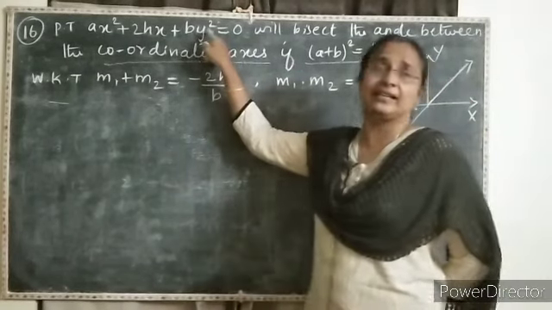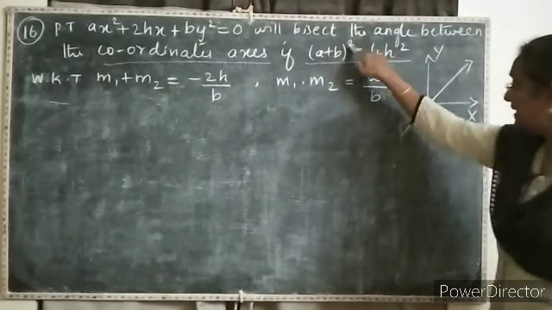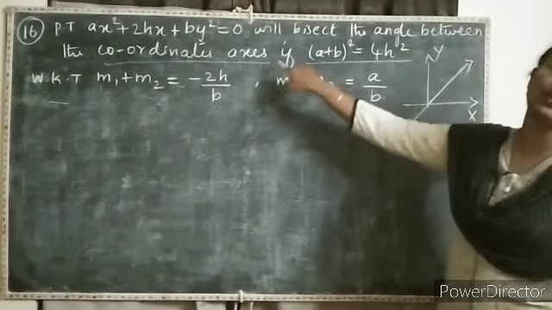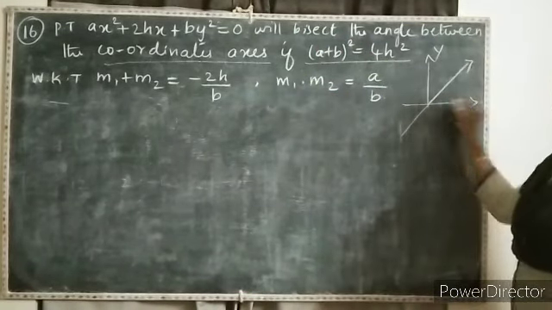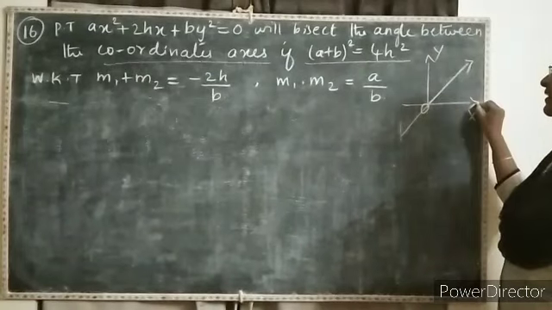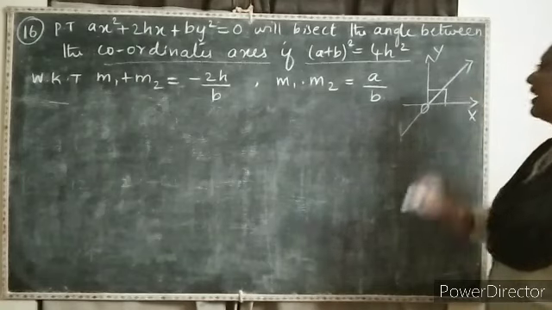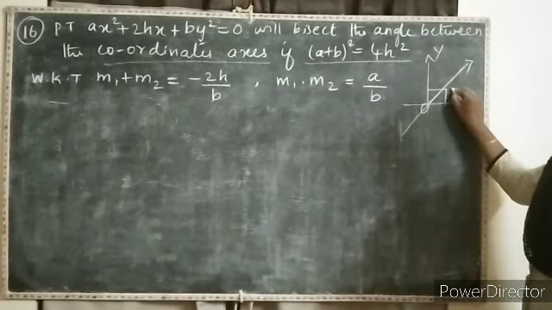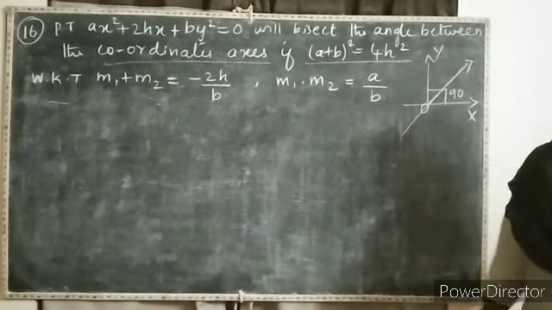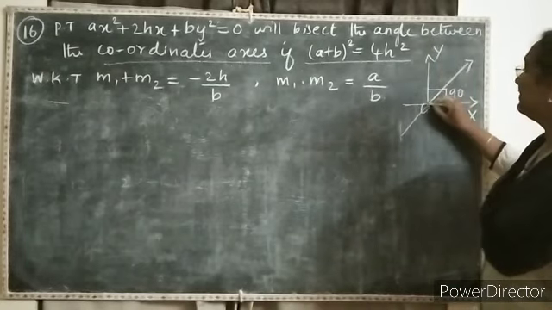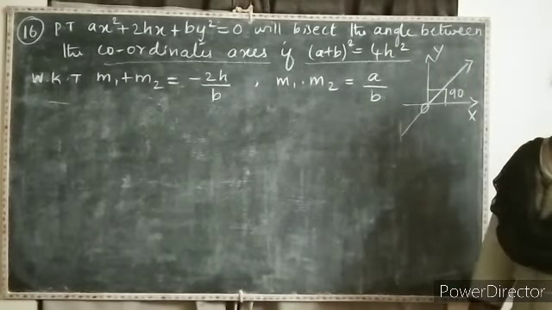Now, there is a pair of lines which bisect the angle between the coordinate axes. We know that OX is one coordinate axis and OY is the other. Now, the angle between OX and OY is how much? 90 degrees. Yes or no? Now, there is a straight line which bisects this 90 degrees.